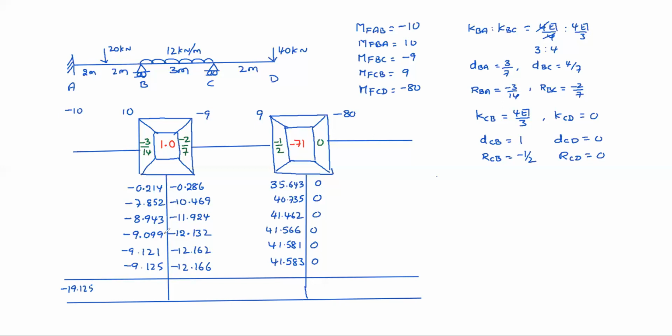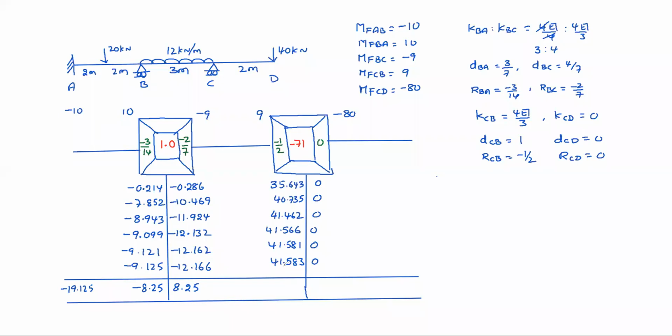Similarly, for BA, 10 plus 2 times minus 9.125 plus 0, minus 8.25. Here, the fixed moment is minus 9 plus 2 times the near end moment, 2 times minus 12.166, plus the far end moment 41.583, which is 8.25.